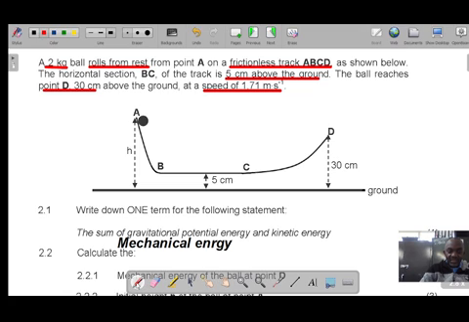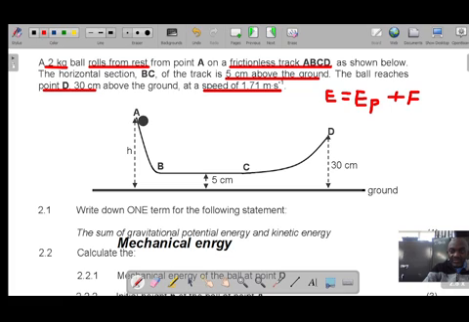So the E mech at this point D, E stands for mechanical energy. Is the sum of what? The sum of EP plus EK. But how do you find EP? It is mass times what?